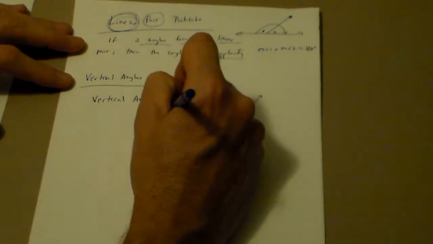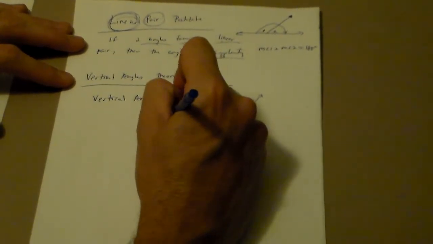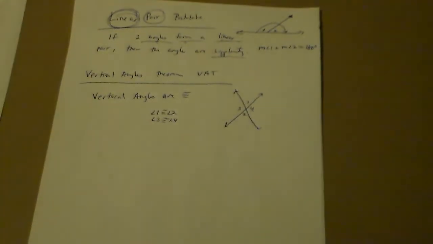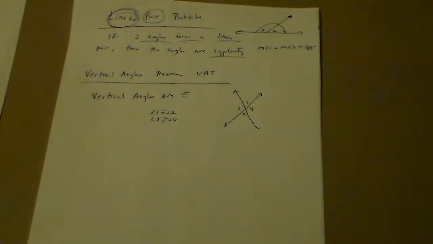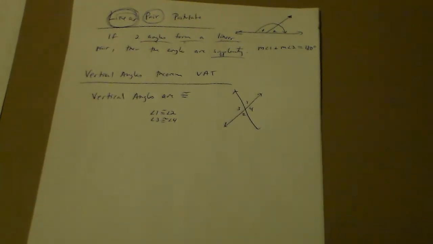Angle 1 would then be congruent to angle 2, and angle 3 would be congruent to angle 4. If you have angles that are vertical angles, then they are congruent. So you're going to see different problems that look like this, and I'll try to give you an example of one so you can get a feel for how we're going to look at those.